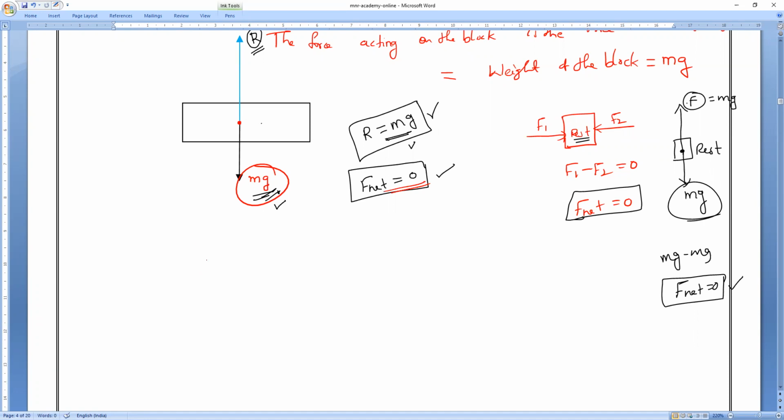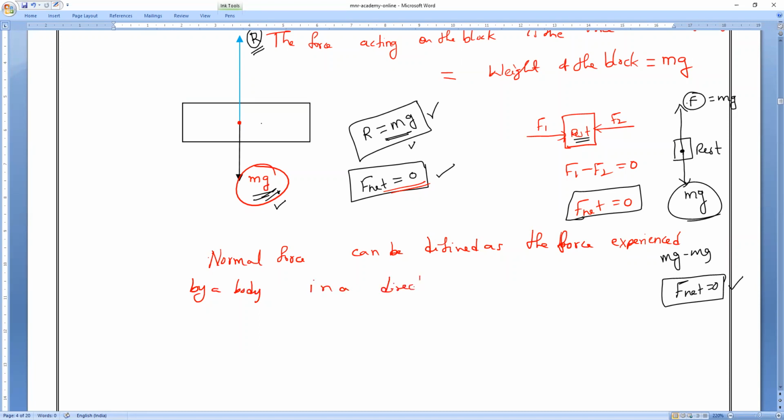So please write the formula, definition. Normal force can be defined as the force experienced by a body in a direction, how?